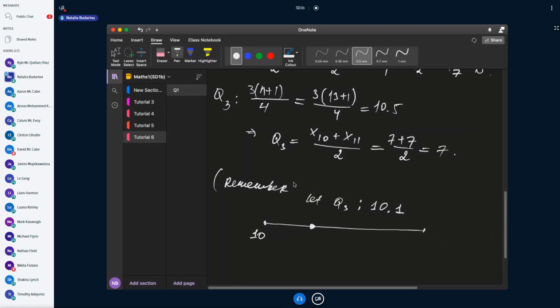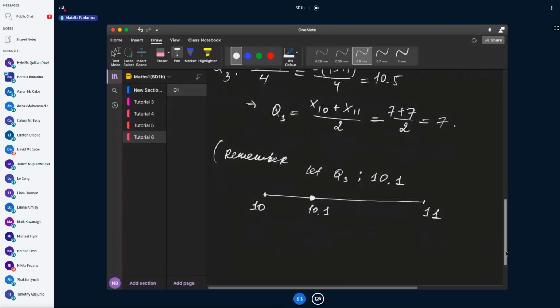This is 3 times (n plus 1) over 4. Imagine for Q3 we have 10.1. So this is 10, this is 11. So 10.1 belongs to the interval from 10 to 11. In this case, how do we find Q3? You can see the distance here is 0.1, and here 0.9 to 11.